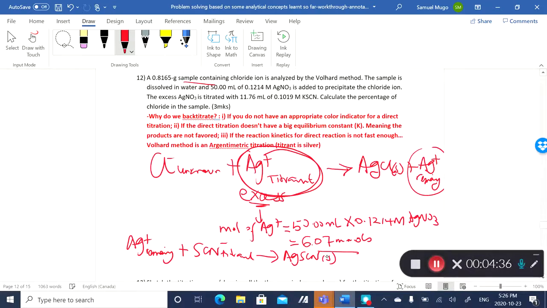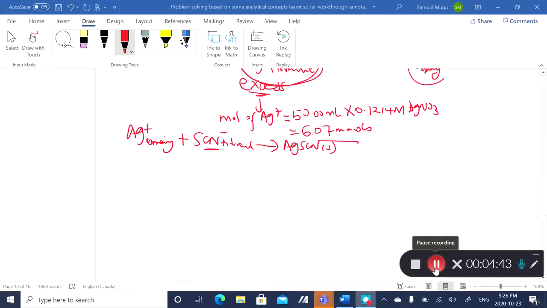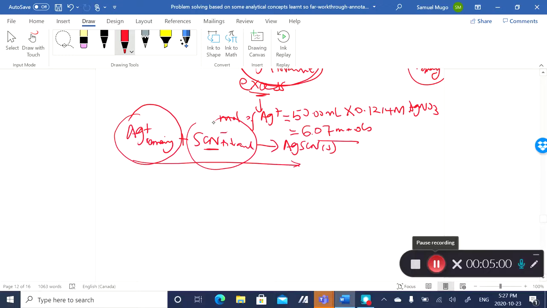In fact, in this case, you don't even need an indicator, because this is fairly colored. So you can see we've got the next titration taking place, where you are titrating the excess silver that remained, that did not react with the chloride, with thiocyanate to give you the silver thiocyanate.